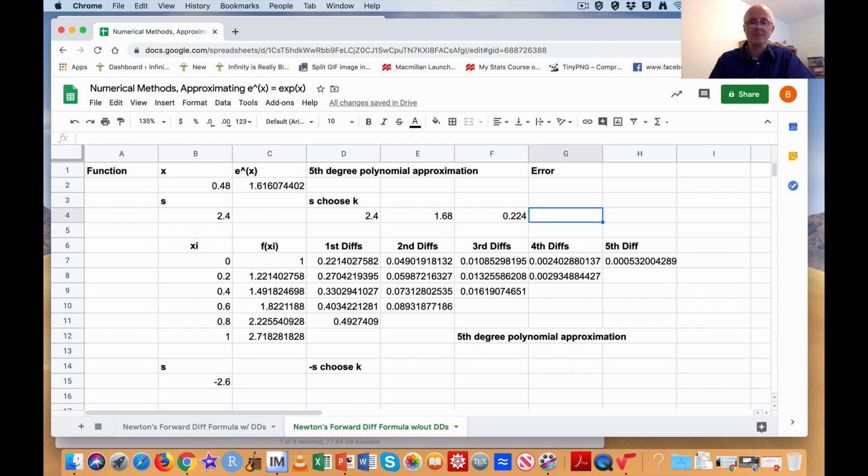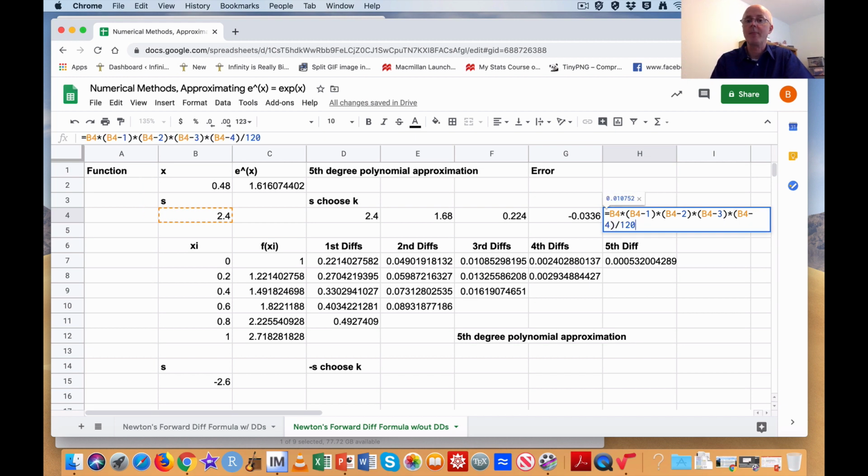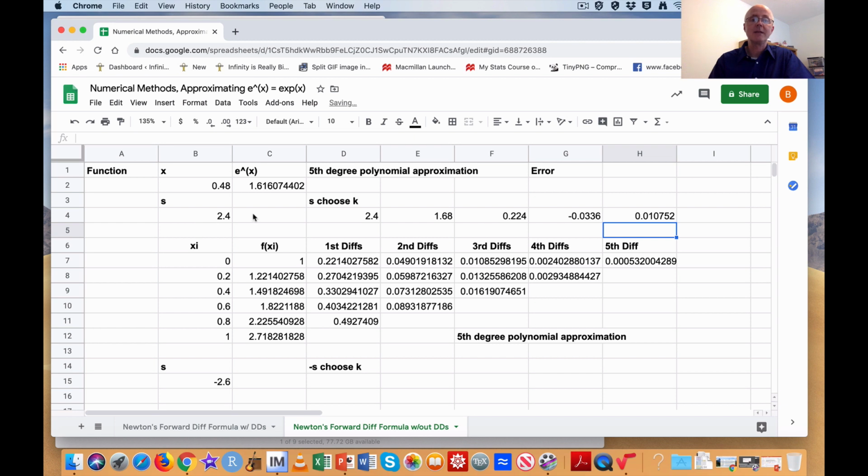S choose 4, B4 times B4 minus 1 times B4 minus 2 times B4 minus 3 divided by 4 factorial, 24. Finally, S choose 5, that'll be B4 times B4 minus 1 times B4 minus 2 times B4 minus 3 times B4 minus 4 divided by 5 factorial, 120.